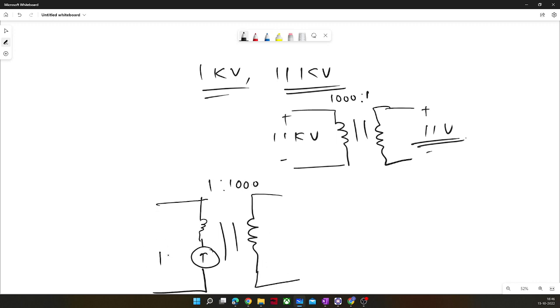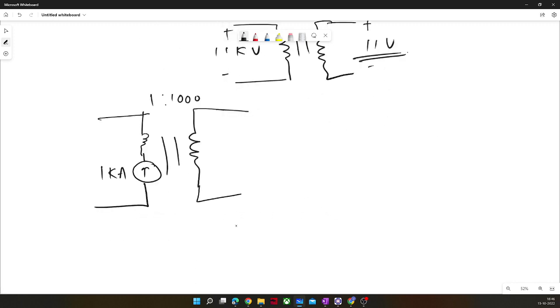Let's say here 1 kilo ampere was flowing, and now you want to measure with an ammeter at the secondary terminal. So we will do the MMF balance. So 1 kilo ampere into 1 is equal to I2 into 1000.